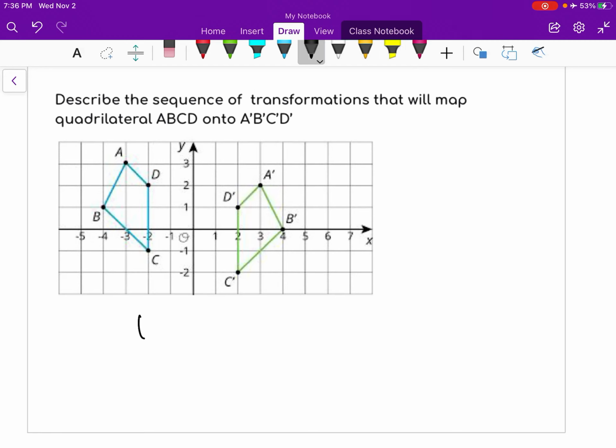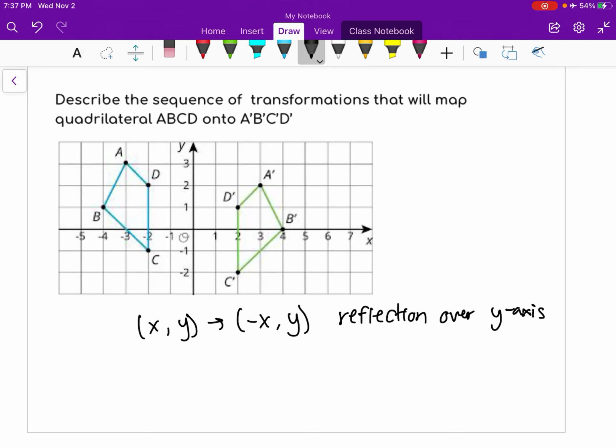So the algebraic description that we're going to use here is actually negative x, positive y. Again, this is a reflection over the y-axis.